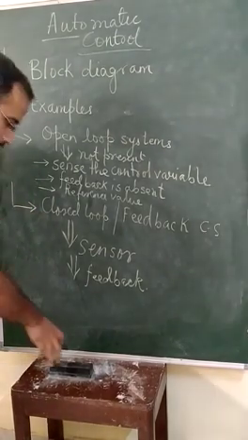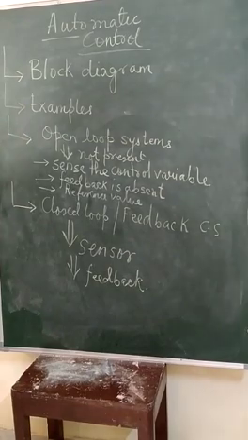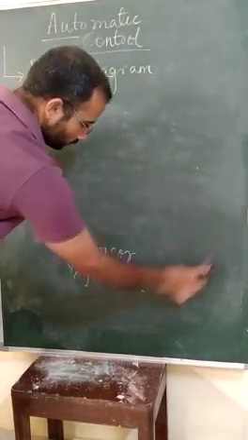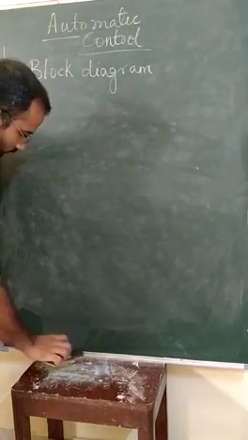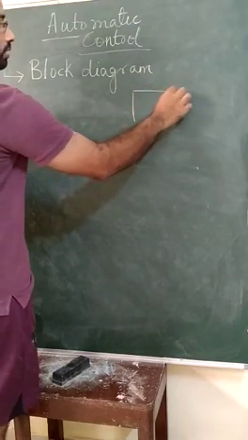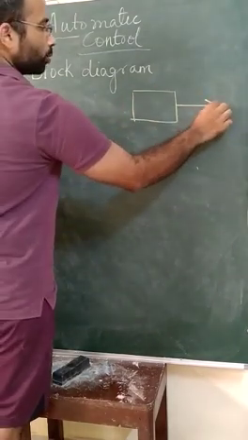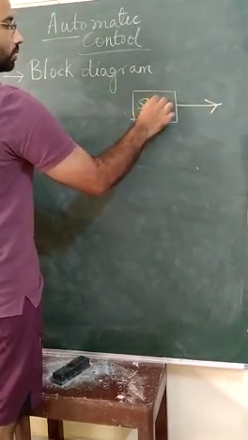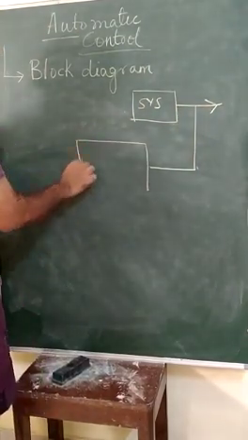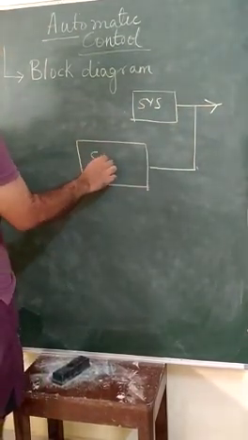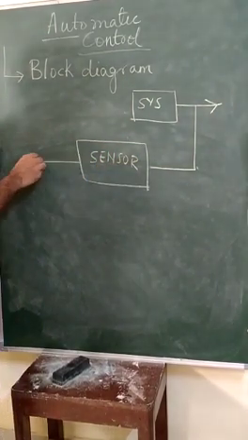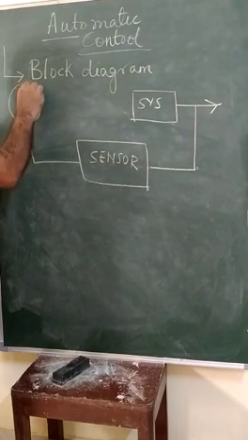The block diagram should be very much clear to us by now. You have a system, you have its output, you take that as a feedback to the sensor. The sensor value is compared with the reference.